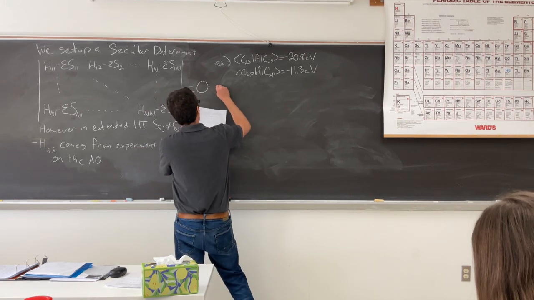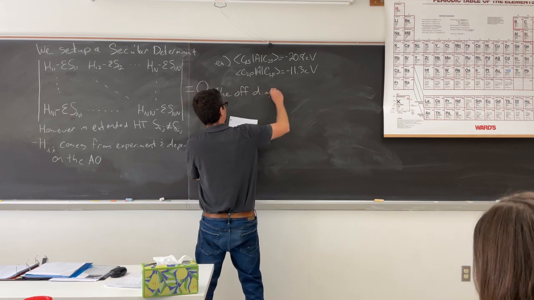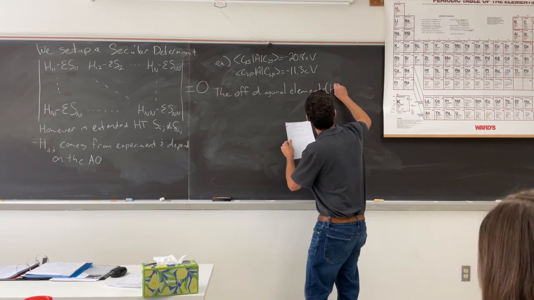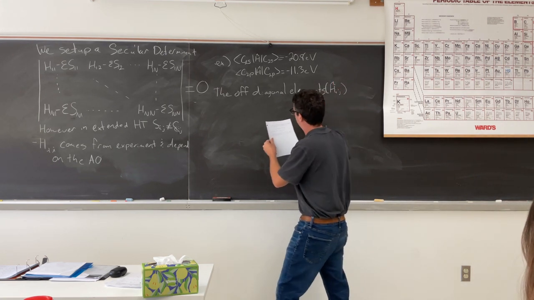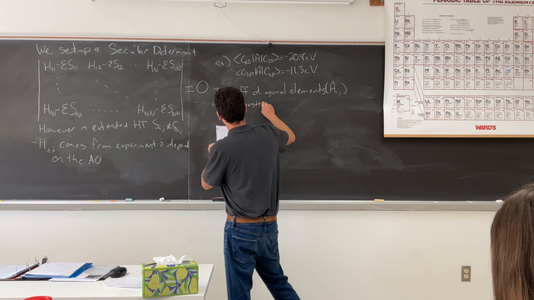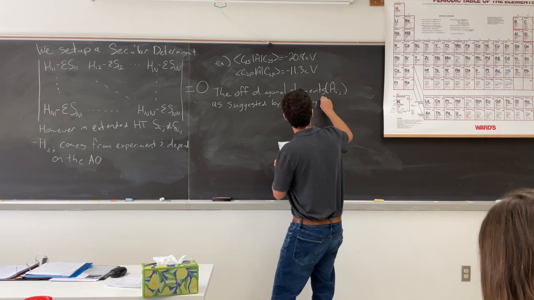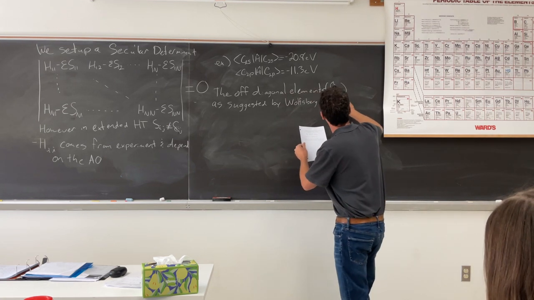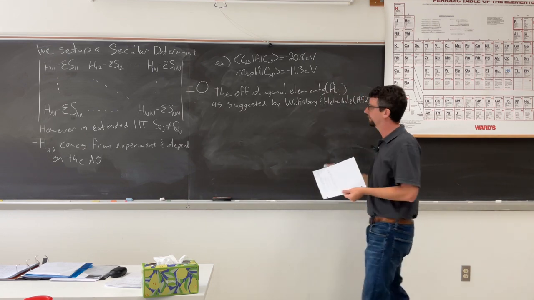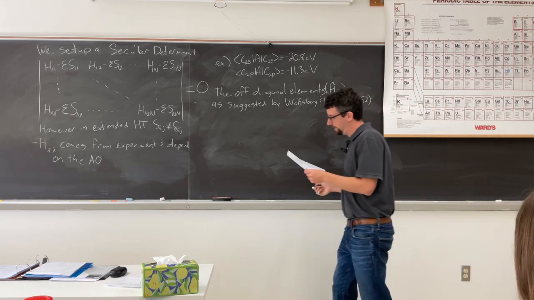The off diagonal elements Hij, as suggested by Wolfsberg and Helmholz in 1952. So these were the original developers of extended Hückel theory.